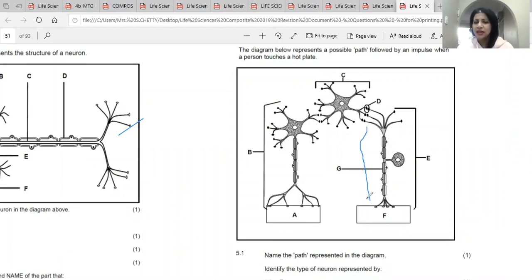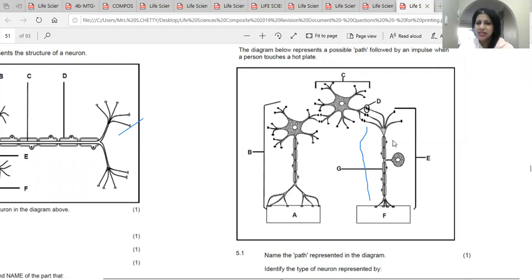So if the impulse is traveling upwards, that means this one will be the dendrite carrying the impulse towards the cell body, and this one would be the axon carrying the impulse away. So we know dendrite of the sensory neuron, axon of the sensory neuron, cell body of the sensory neuron, nucleus of the sensory neuron, and you can put your myelin sheath even clearer over there, and that would be the myelin sheath. We know our labels.